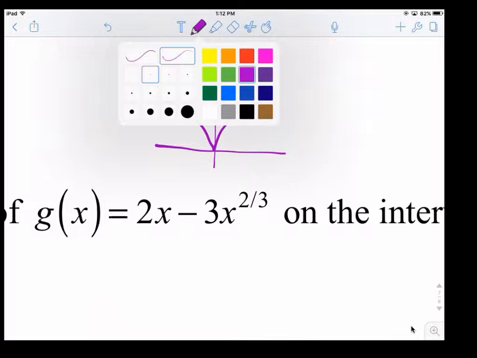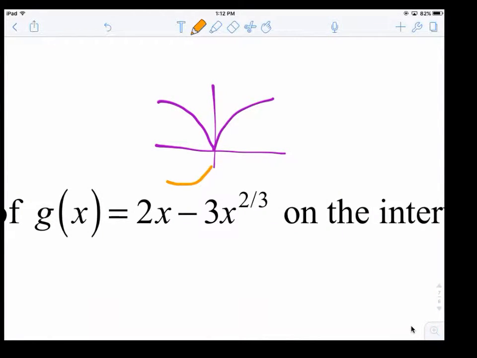I think 3/5 would be something like this. But you're taking the cube root now instead of the square root. Square root makes it positive.